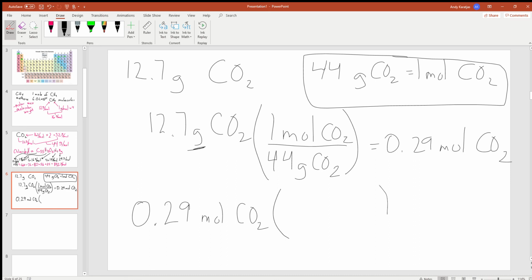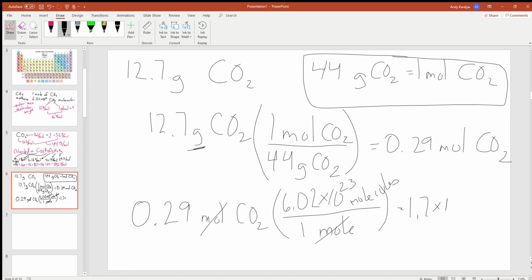And I can do that because we just learned that Avogadro's number, 6.02 times 10 to the 23rd, is the number of molecules in 1 mole. So now moles cancel, we multiply out here, and we find that these 0.29 moles of carbon dioxide contain 1.7 times 10 to the 23rd molecules.